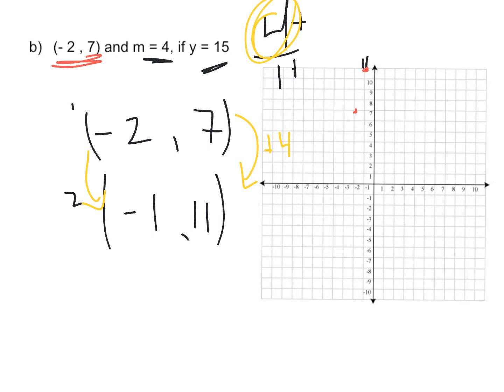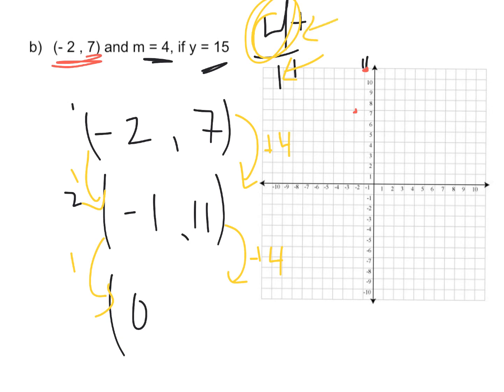Unfortunately, I am now extending beyond the graph, so I may have chosen this example on purpose just to show you an example where you're kind of being forced. Again, I go up by 1 because that's what my run is, what I'm going up by in the x value. And then I go up by 4. Why am I going up by 4? Because that's what my rise is.